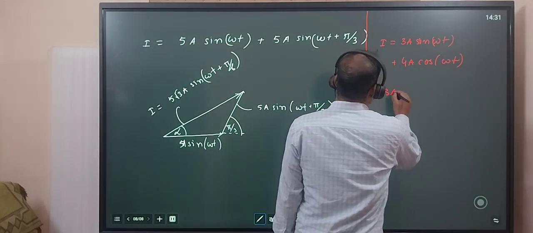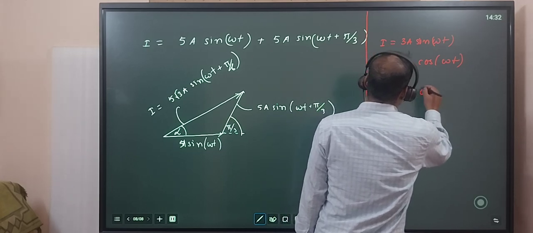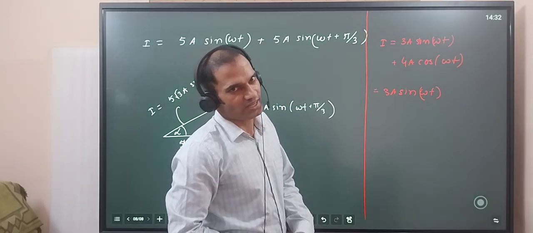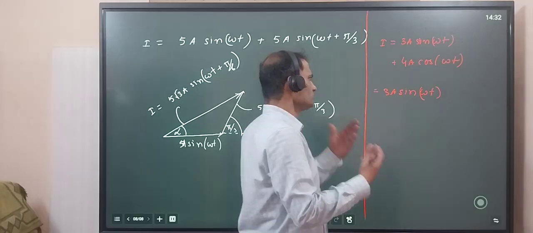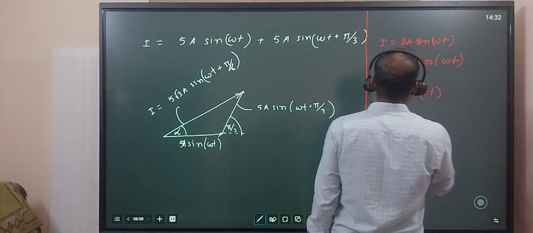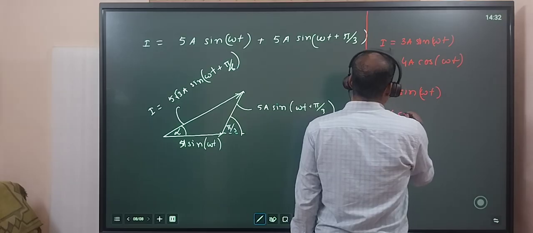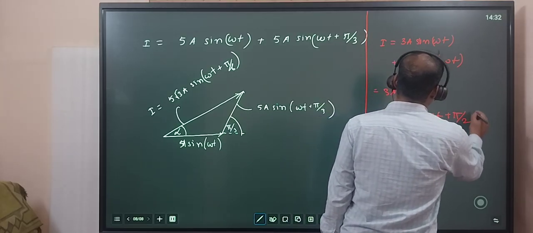So 3 ampere sin omega t, and this other thing I will try to write either in terms of sine or in terms of cos. Let us use sine. So this will become 4 sine omega t plus pi by 2.